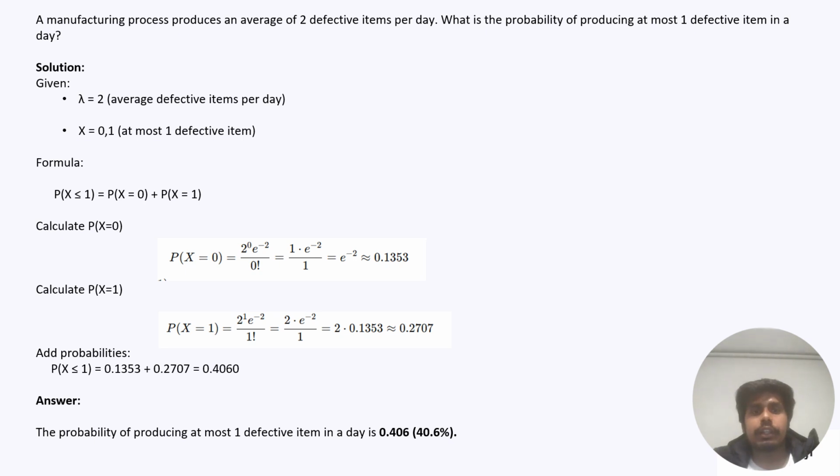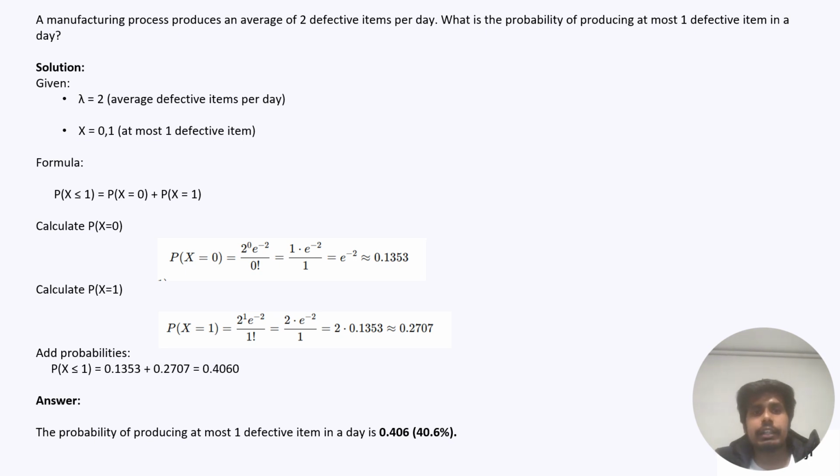And here we go to another example. A manufacturing process produces an average of 2 defective items per day. What is the probability of producing at most 1 defective item in a day? So here the mean is 2, and we are supposed to find at most one defective item, so that is 1 and below. So x will be 0 and 1.